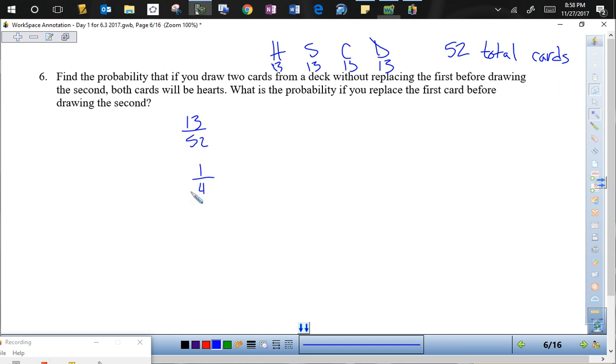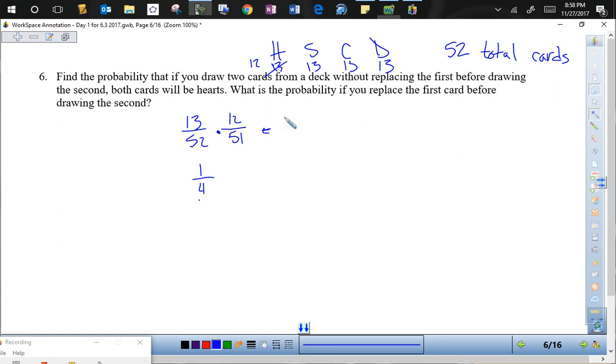All right, now we want to do the second card without replacing. So we've got 1 less card. Now there's 51 cards left in the deck, and we want to draw another heart. So we've taken out 1 of the hearts. There are only 12 left, so I have to take 13 over 52 times 12 over 51 there.